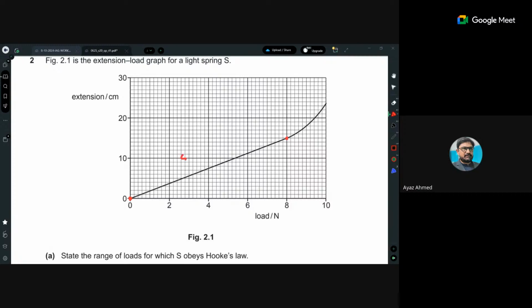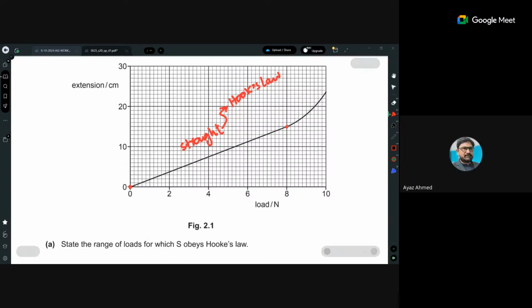When I see a question, I recall everything related to that topic, whatever comes to my mind or whatever I have learned. Then I will be able to handle that question in a proper way. So this straight section is basically following Hooke's law, isn't it?